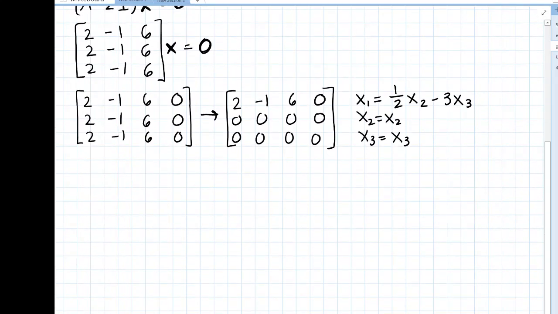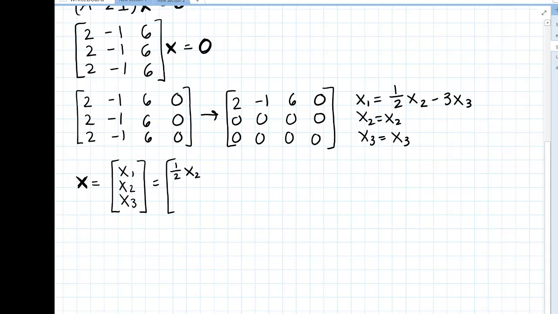So writing this now in our parametric vector form, we have x1, x2, x3 is equal to 1/2 x2 minus 3x3, x2, x3. And so we can pull out those free variables.